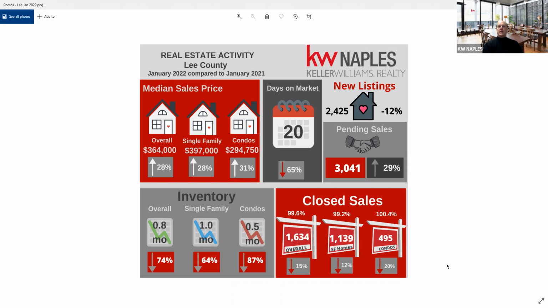Can everybody see that okay? Okay, good. We saw a pretty flat amount of listings coming into the system as going out of the system. Now we're starting to see that disparity hit up in Lee County.